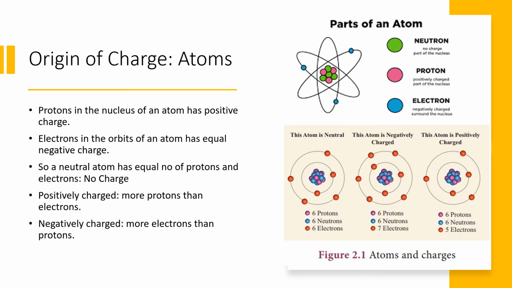On the other hand, if the atom loses one electron or gives it to a different atom, then it becomes positively charged because it has fewer electrons than protons. So the total charge is positive.